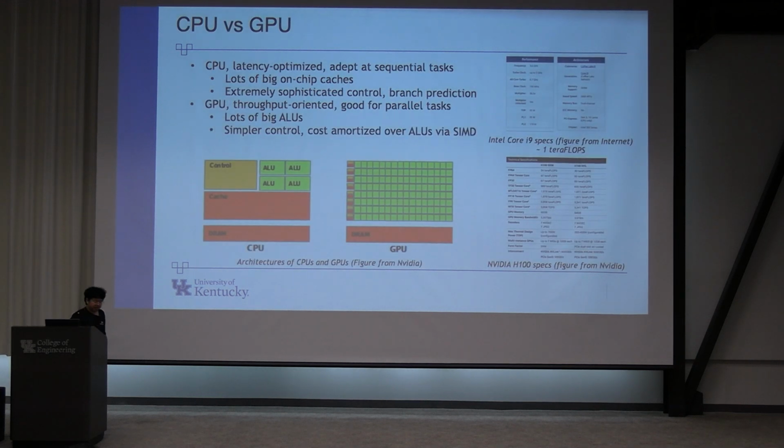After looking at the reason for studying GPU-based compression, let's look at the typical difference between CPUs and GPUs. Usually, a CPU is latency optimized, and it is very adept at sequential tasks. As a result, it has lots of big on-chip caches to enable high bandwidth of the data.